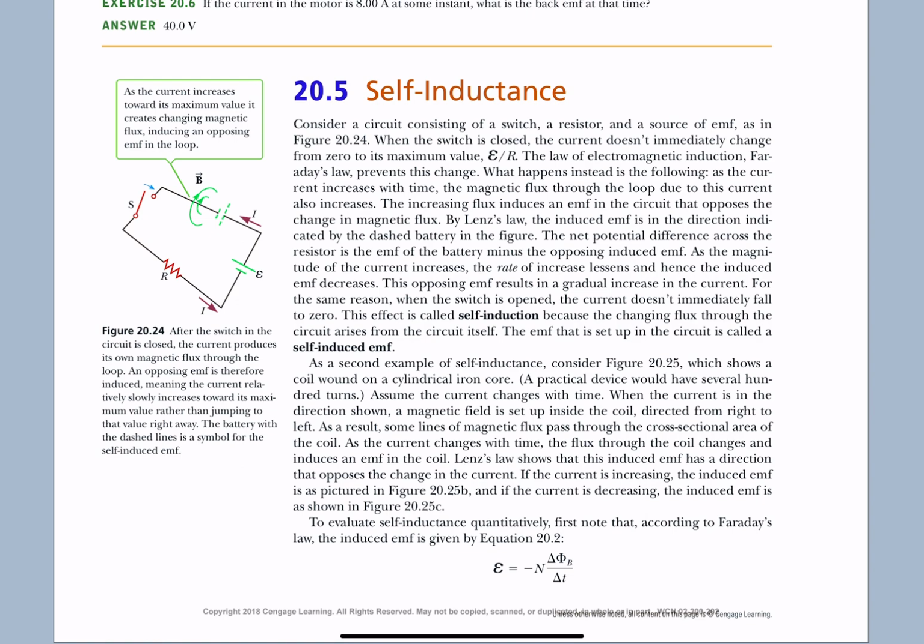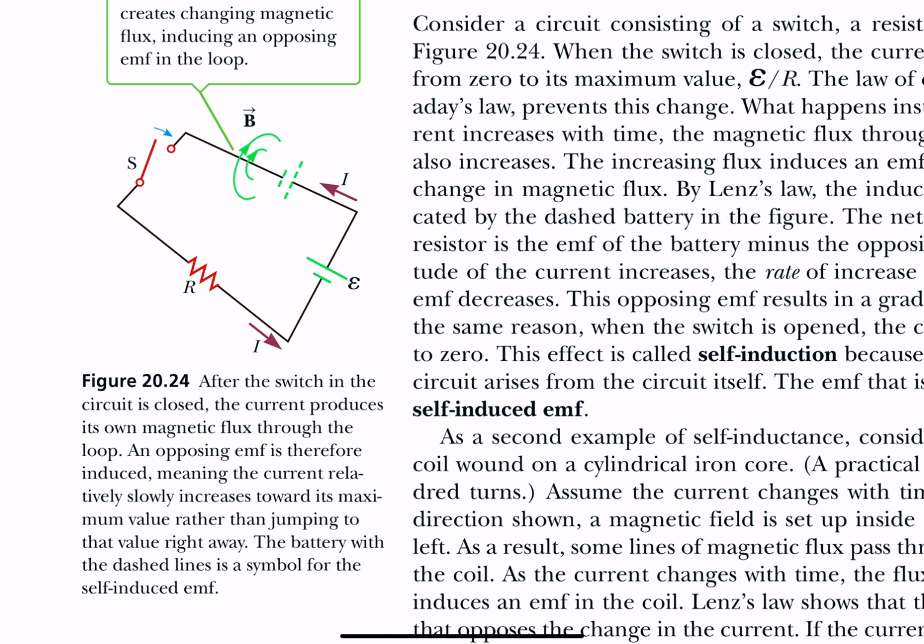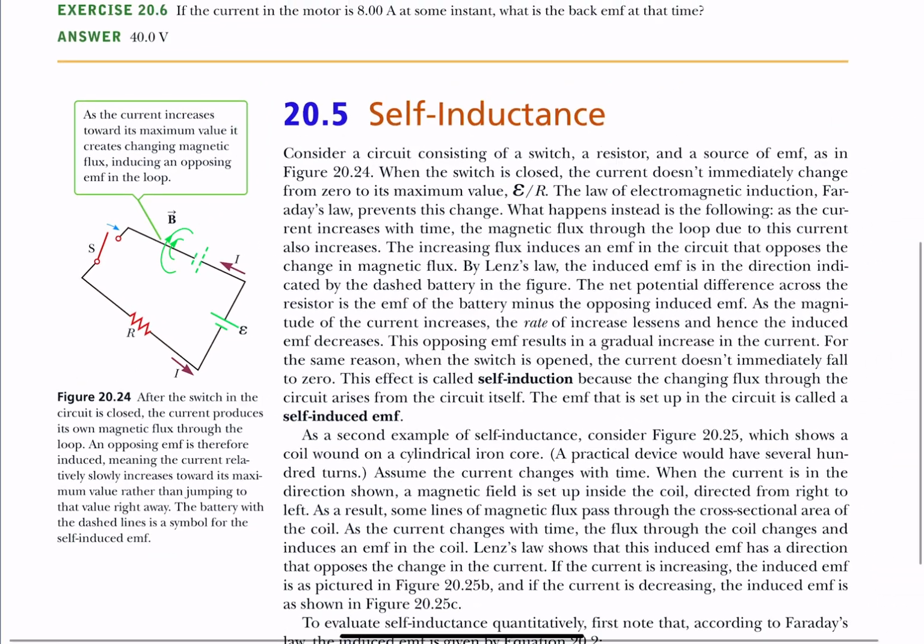And again, if you look at picture 20.24, take out your right hand, and if you have your thumb going in the direction of the current represented by the purple arrow, and I'm doing the one at the top of the picture, you'll notice that the natural curvature of your fingers is the same as the curvature of the green arrows going about the wire. So you're inducing a magnetic field as a result of the current going through the wire.